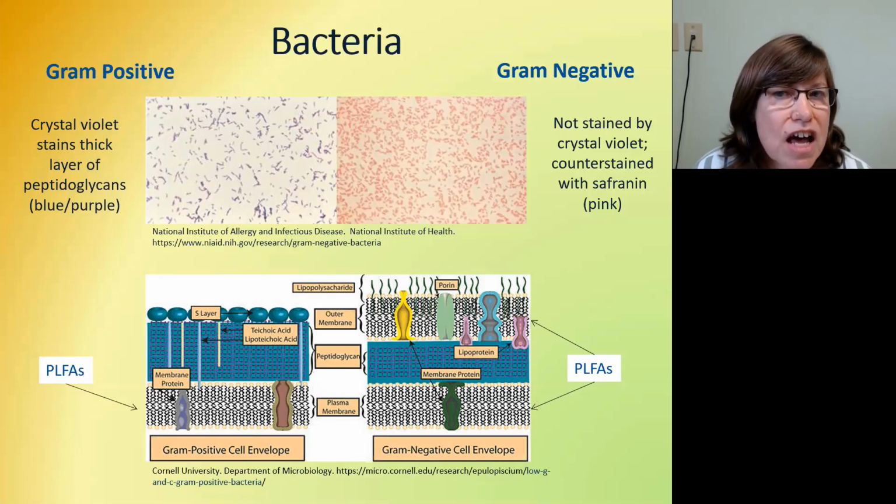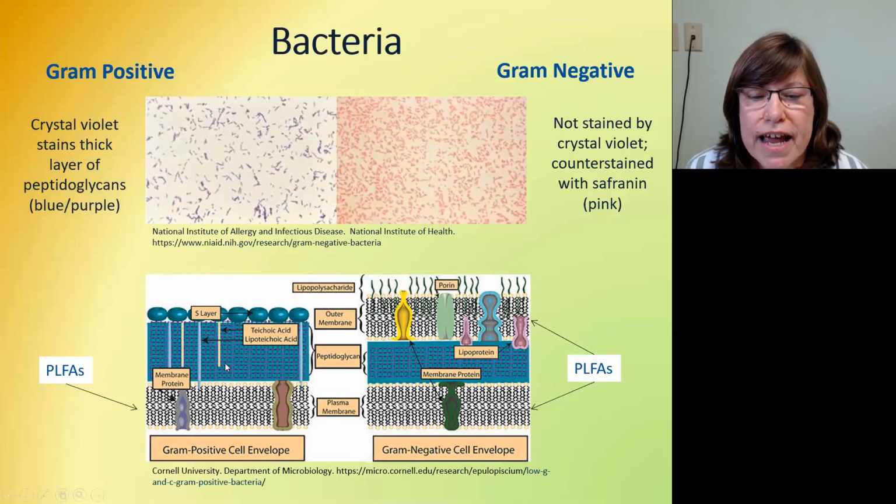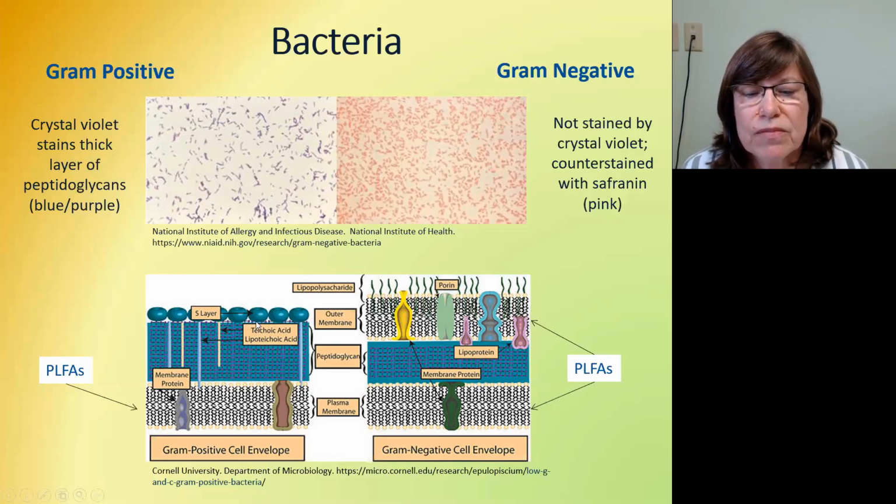And I get asked a lot what is meant by that. So this was actually a staining process that was developed by a man named Gram. And he found that some bacteria would stain with crystal violet. And it turned out that was because they had this thick layer of peptidoglycan above the plasma membrane, or above the phospholipid fatty acids in the cell envelope.